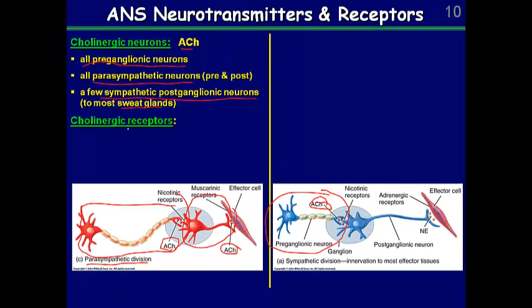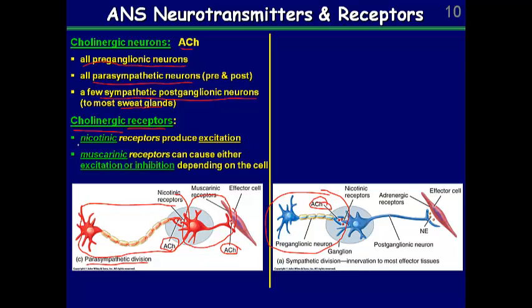Okay, let's look at the receptors. Again, in order to respond to a neurotransmitter, you must have the receptor. So we have cholinergic receptors, and they can either be classified as nicotinic or muscarinic. How these receptors were identified is that nicotinic receptors will also respond to nicotine, and muscarinic receptors will respond to a molecule found in a specific type of mushroom, called muscarine.